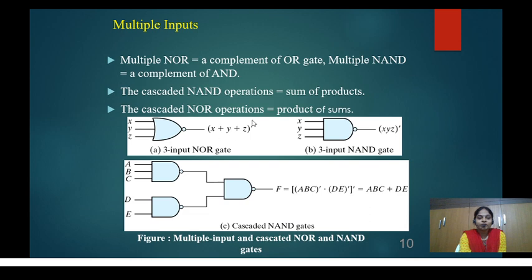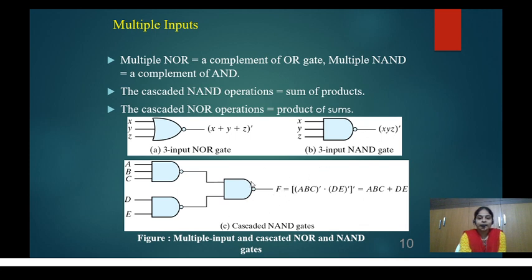If the expression is x plus y plus z whole complement, it can be represented by a NOR gate. There are 3 variables, so there should be 3 inputs and the output is x plus y plus z whole complement. Here is also the 3 input NAND gate representation, with 3 inputs and the NAND output is xyz whole complement.